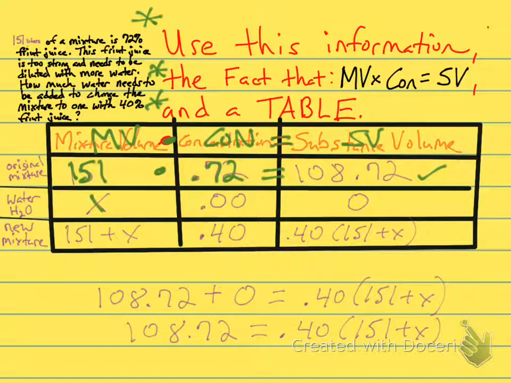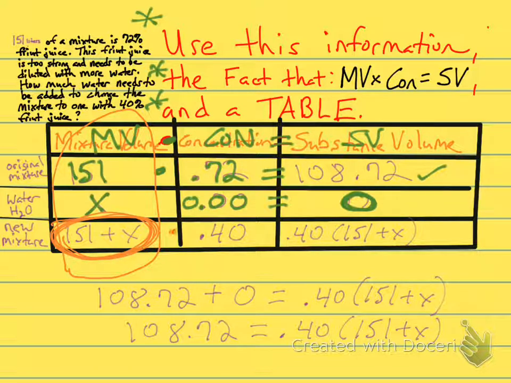We're going to add water to this mixture, and water has no concentration of fruit juice. So when we multiply across, we're going to have a 0 in this cell right here. Finally, when using the table as a structure of organizing the information, the first column we would add down to get the final volume of the final mixture.